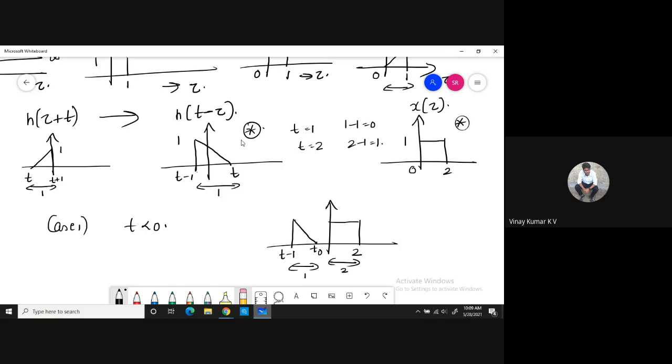Ma'am, t minus 1 amplitude is t, no ma'am. No, this I'm taking like that only. This waveform should have 1 unit width. Amplitude is 1 for both, t and t minus 1.